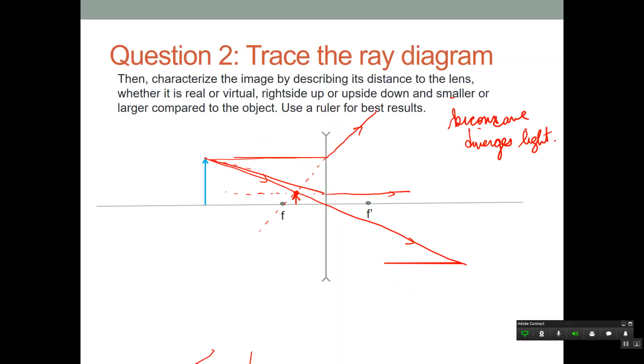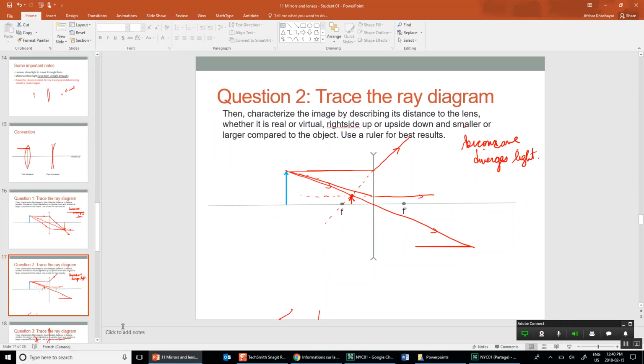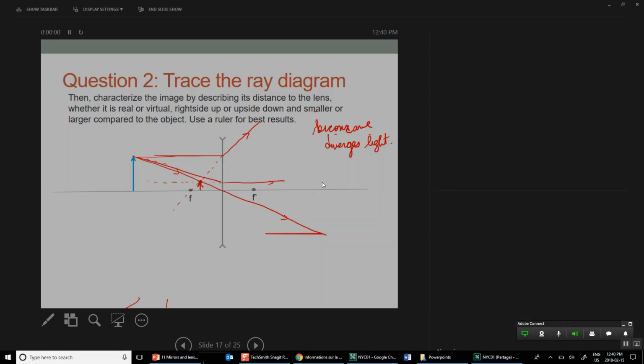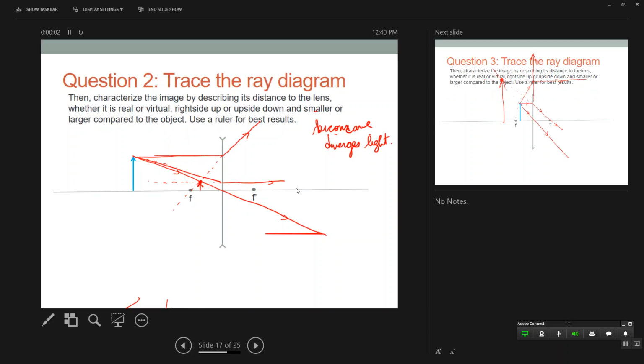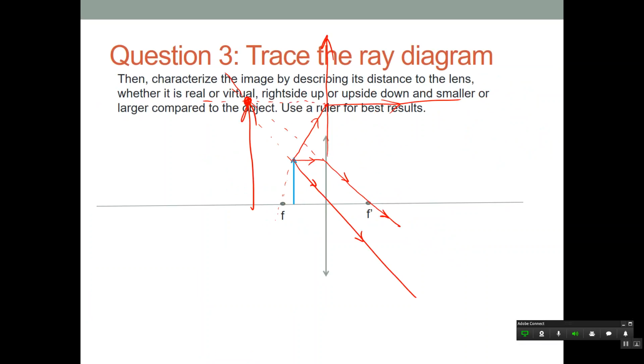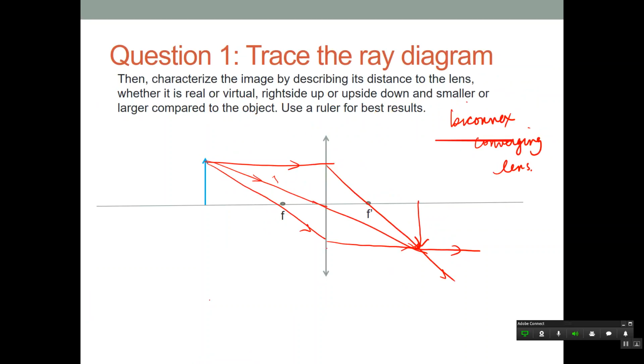I want to go back to examples. Okay, so here it is.